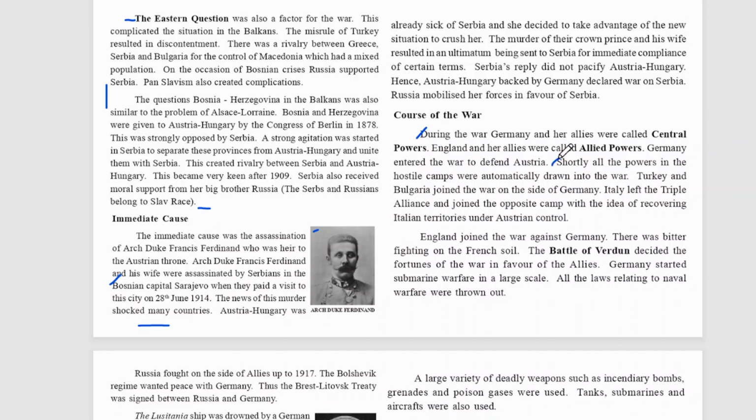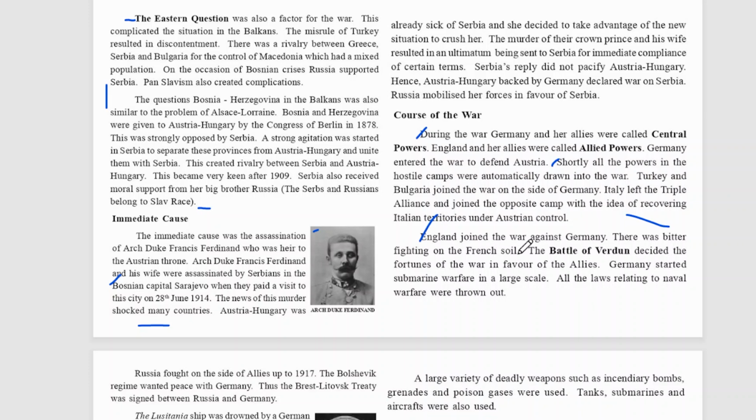Shortly, all the powers in the hostile camp were automatically drawn into the war, and Turkey and Bulgaria joined the war on the side of Germany. Italy left the Triple Alliance and joined the opposite camp with the idea of recovering Italian territories under Austrian control. England joined the war against Germany, and there was bitter fighting on French soil.